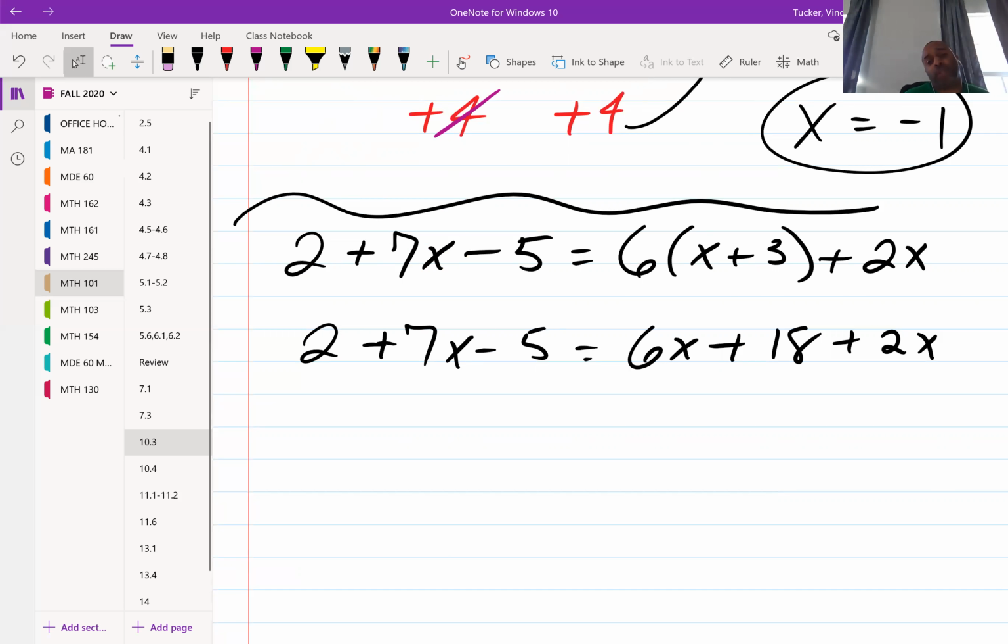First thing we want to do is to get rid of the parentheses. So we'll go ahead and distribute 6 to each term inside of the parentheses. So now we have 2 plus 7x minus 5 equal to 6x plus 18 plus 2x.